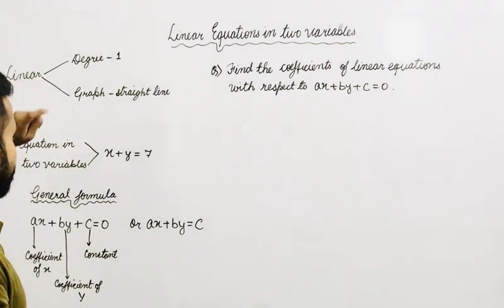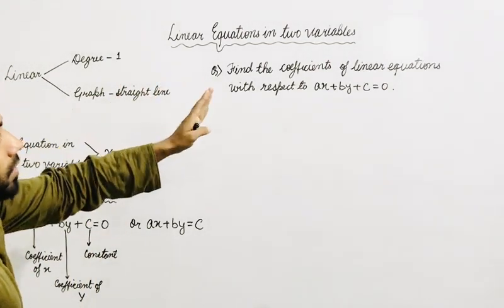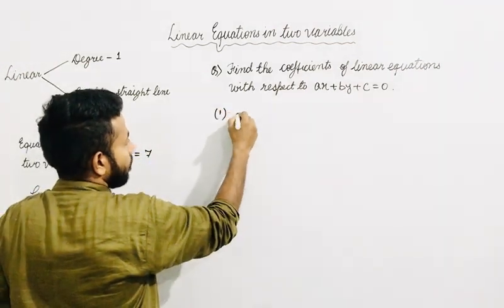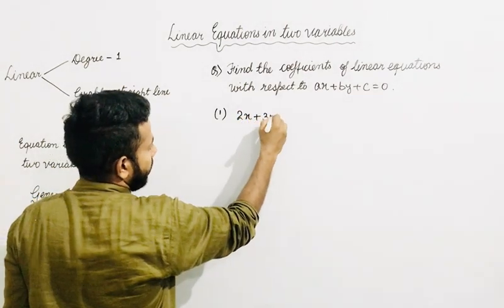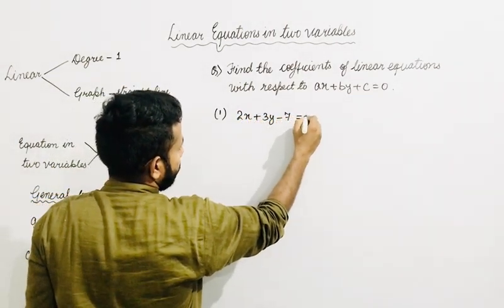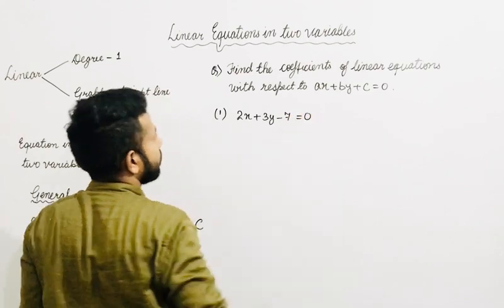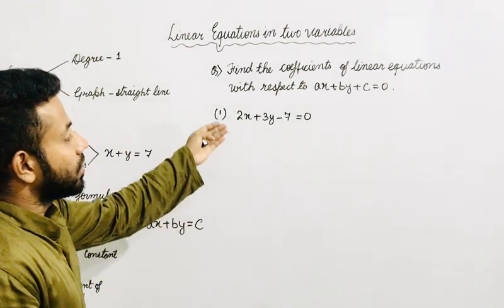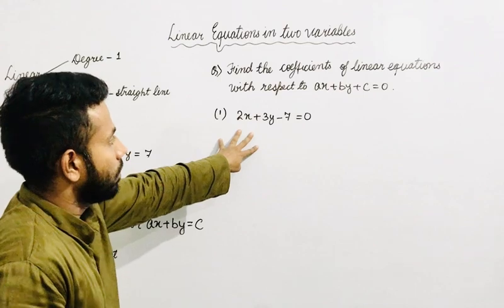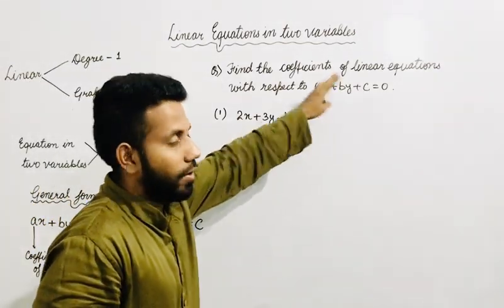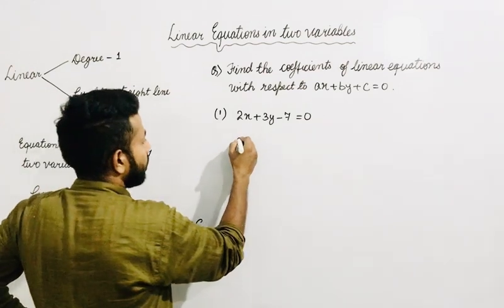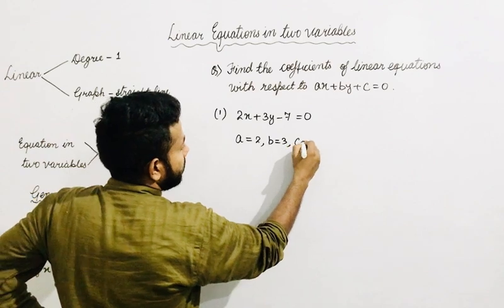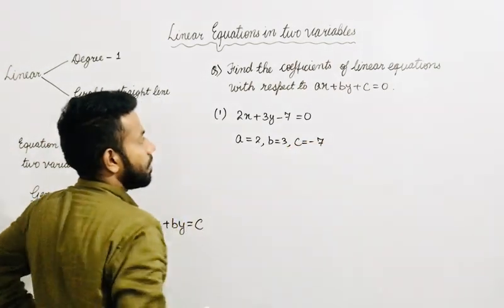So you have to relate this ax plus by plus c with the equations given. Let the question be 2x plus 3y minus 7 equals 0. This is the linear equation that is given to you. So what are the coefficients in relation with the equation given? From here you can write a equals 2, b equals 3 and c equals minus 7.